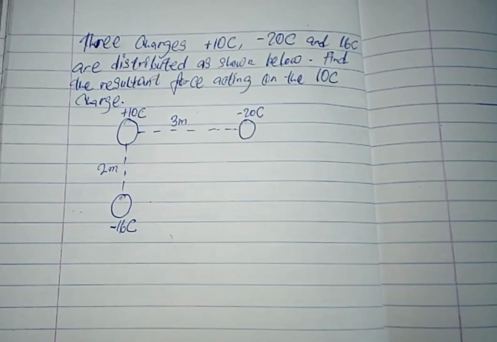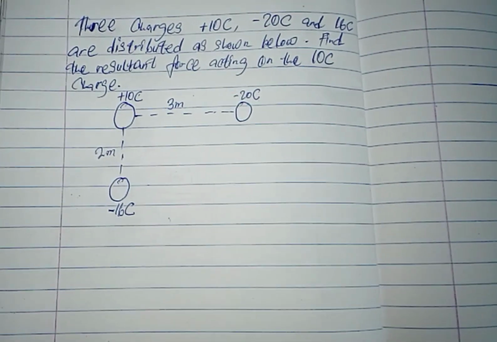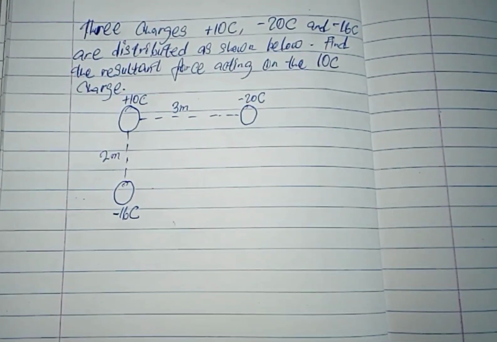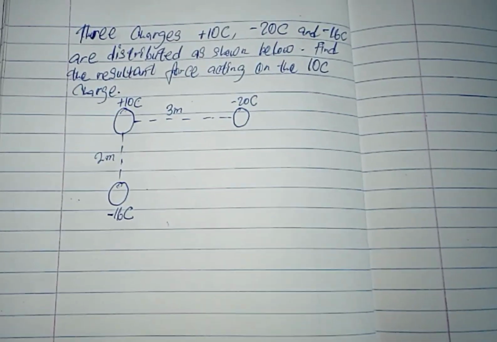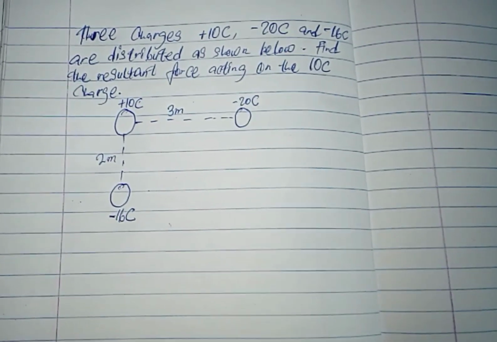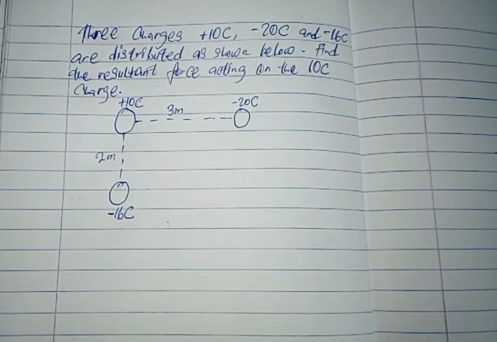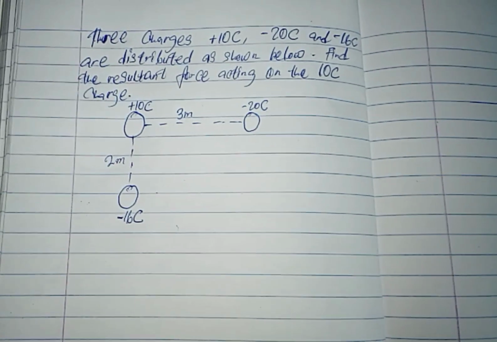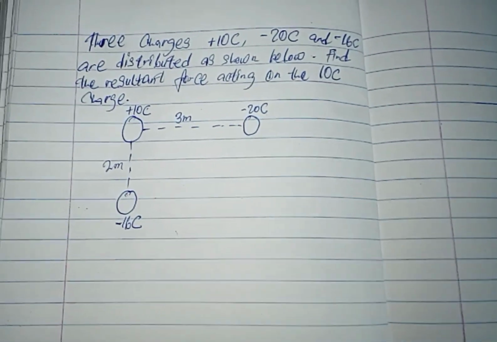Here's a question that says three charges, plus 10 coulombs, minus 20 coulombs and minus 16 coulombs, are distributed as shown below. Find the resultant force acting on the 10 coulomb charge. You know that in electricity, unlike charges attract and like charges repel.